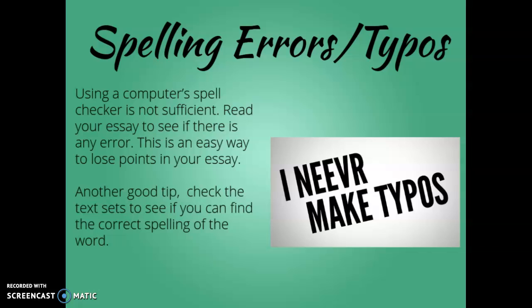And if there's a word like cinnamon, which is often misspelled, or spaghetti, if you're using those words in your essay, chances are it's probably something that was in the article too. And you can go back to the article and compare the spelling of your word with the spelling of the word in the article, and then know whether or not you spelled it correctly. So double check those words, make sure you're spelling them right, and fix them before you submit your essay.